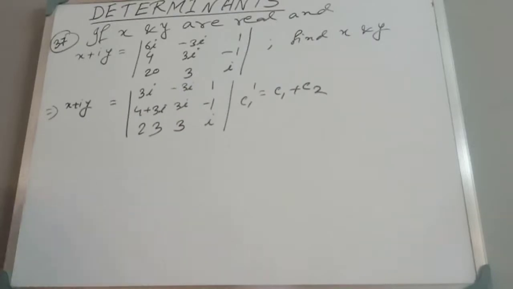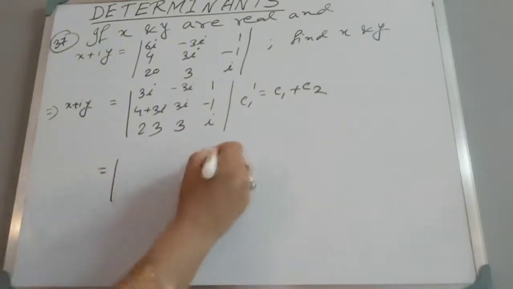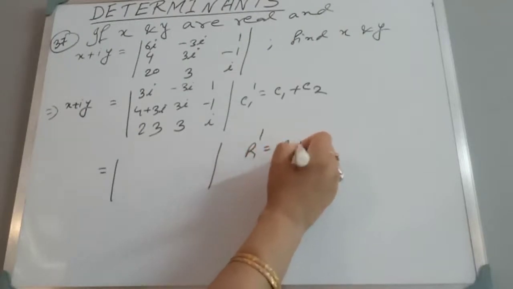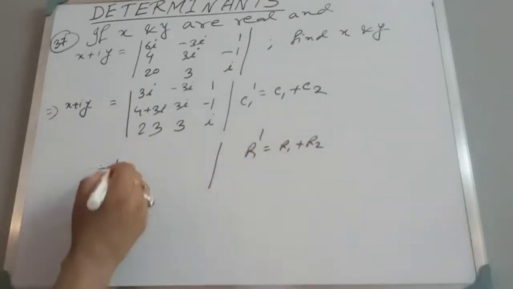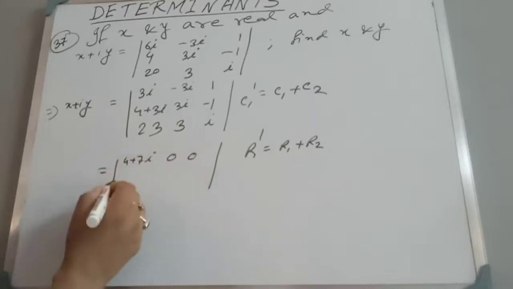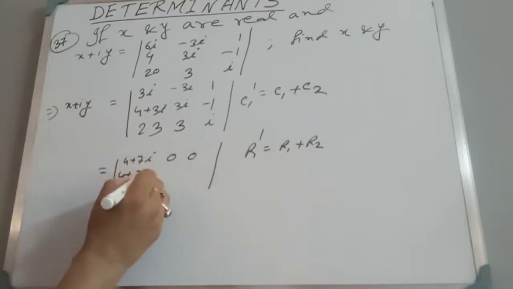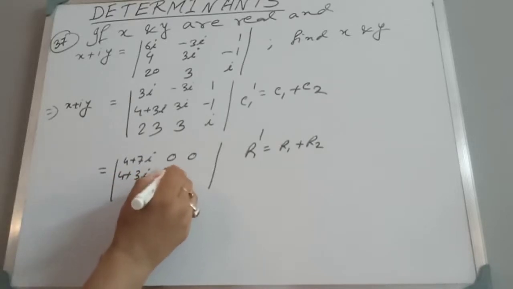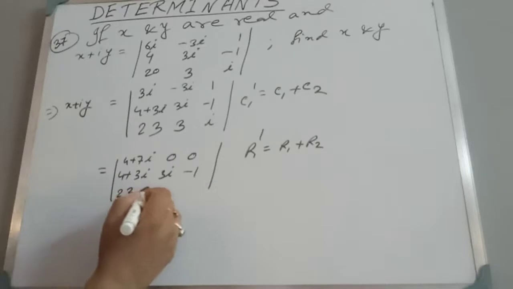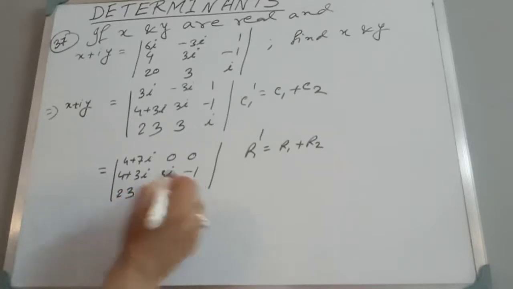Got it? Next we will give the operation on the row. So R1 dashed is equal to R1 plus R2. So it will be 4 plus 7i, 0, 0, 4 plus 3i, 3i, minus 1, 23, 3, i.